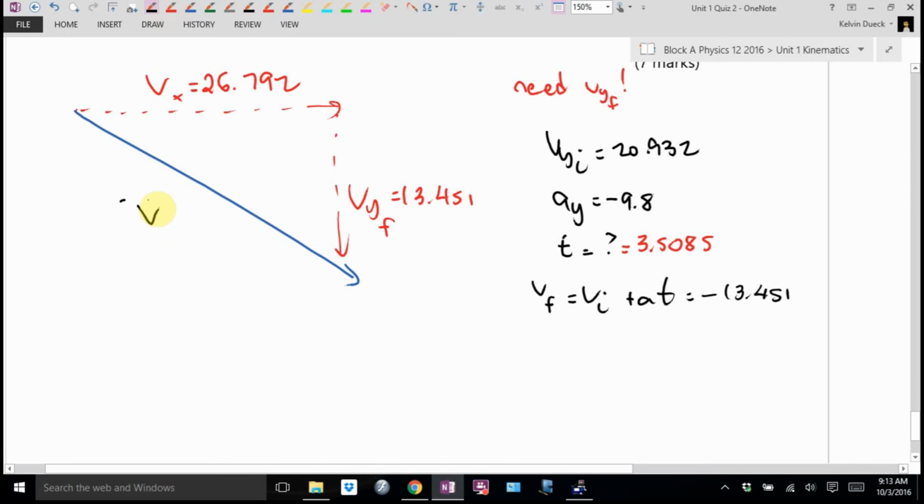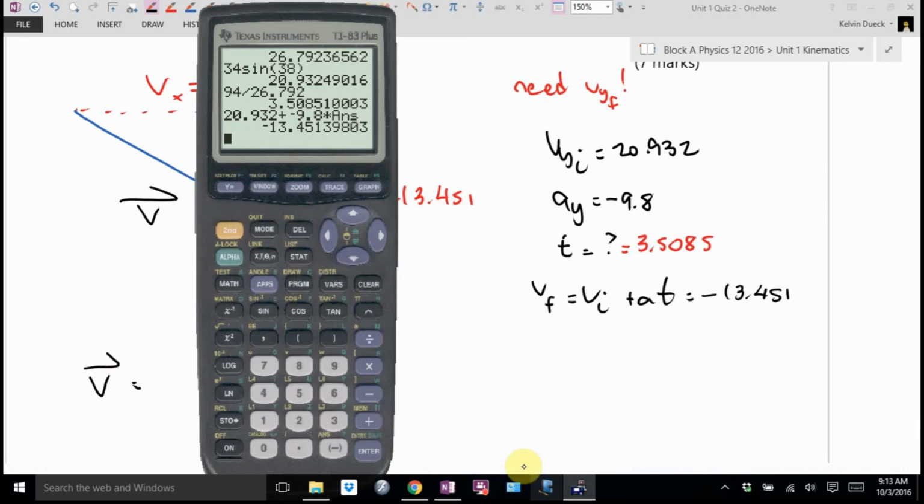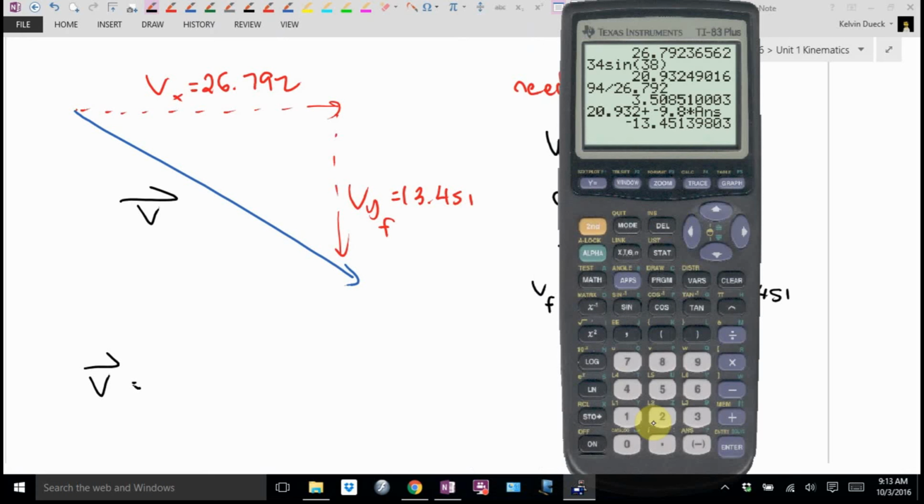So here is the impact velocity. It's going to be Pythagoras. So it's going to be 26.792 squared plus 13.451 squared, square root. You get a magnitude of, I guess, 30.0 if I round off properly.